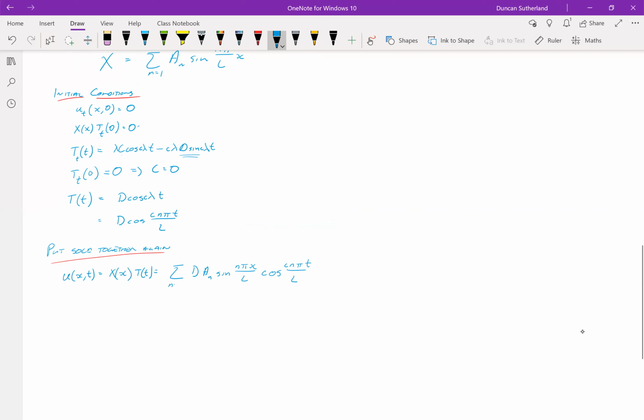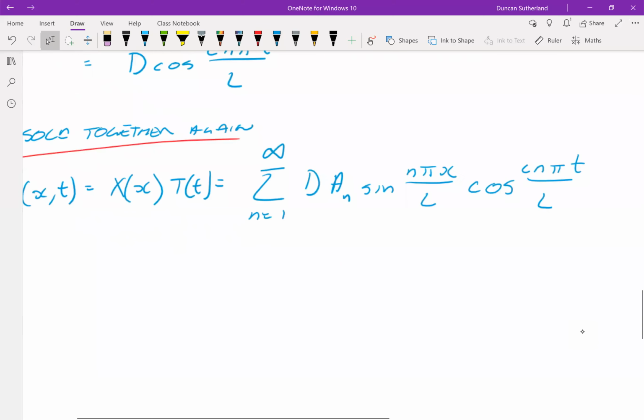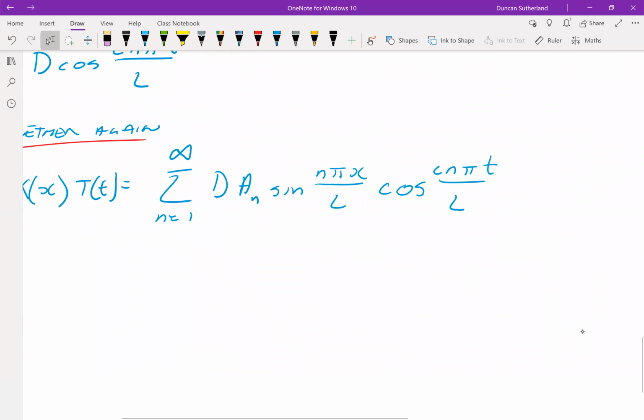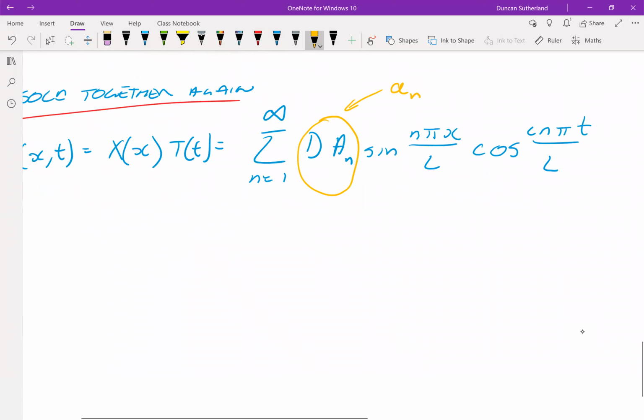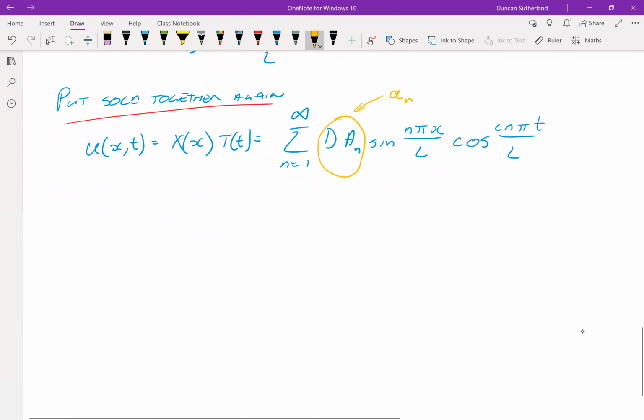This is from n equals 1 to infinity. And this D A n thing, that's just some other constant. And to make that consistent with the solutions written in the notes, I'm going to write little a n.